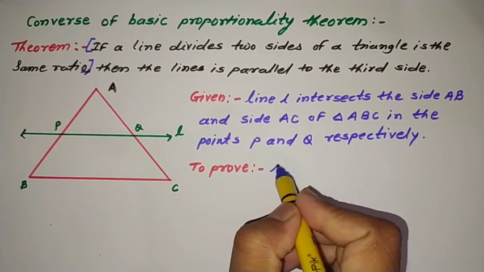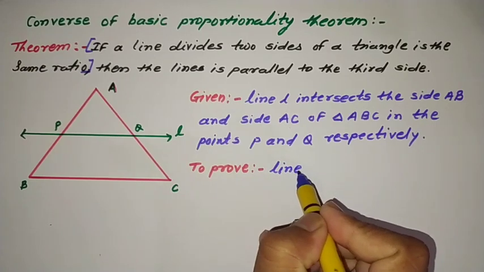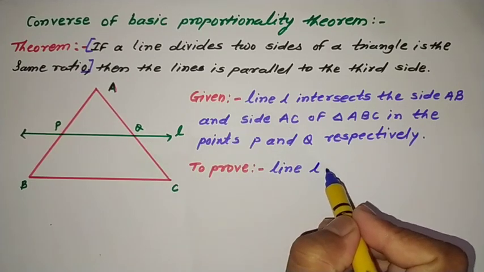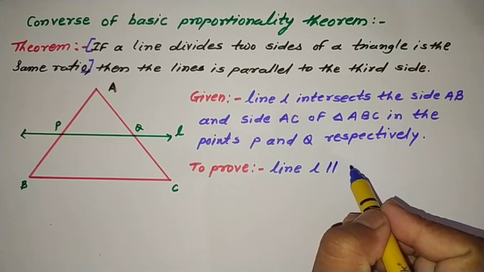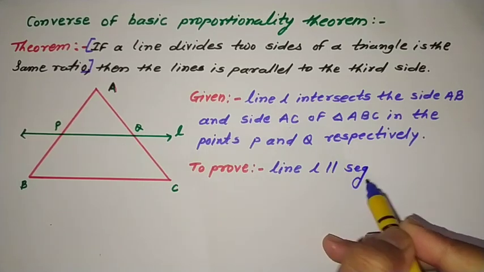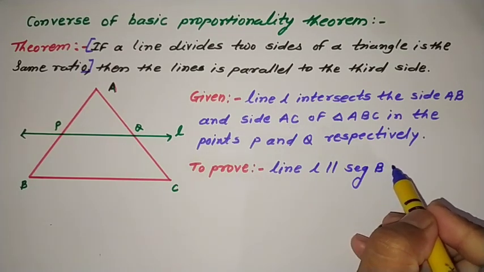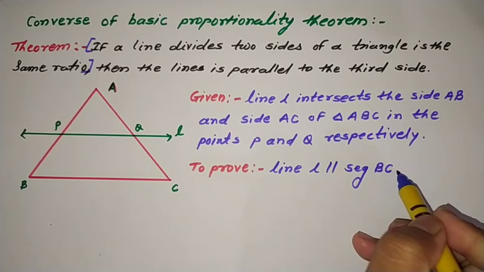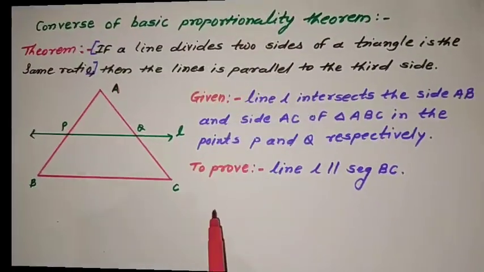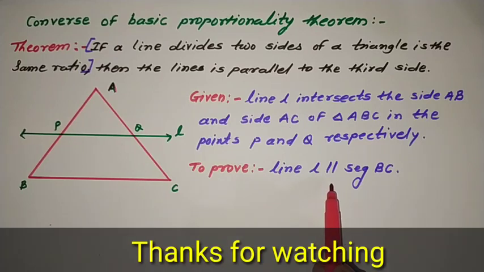Hence line L is parallel to segment BC. To prove line L parallel to segment BC, this theorem can be proved by the indirect method.